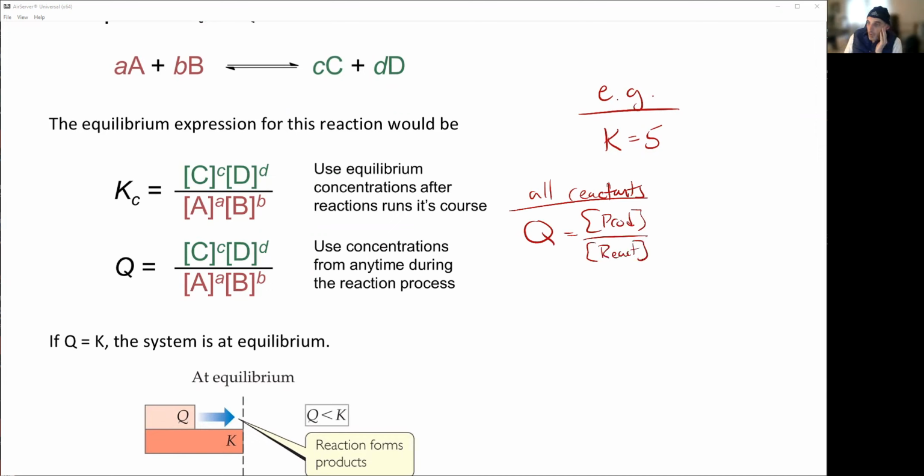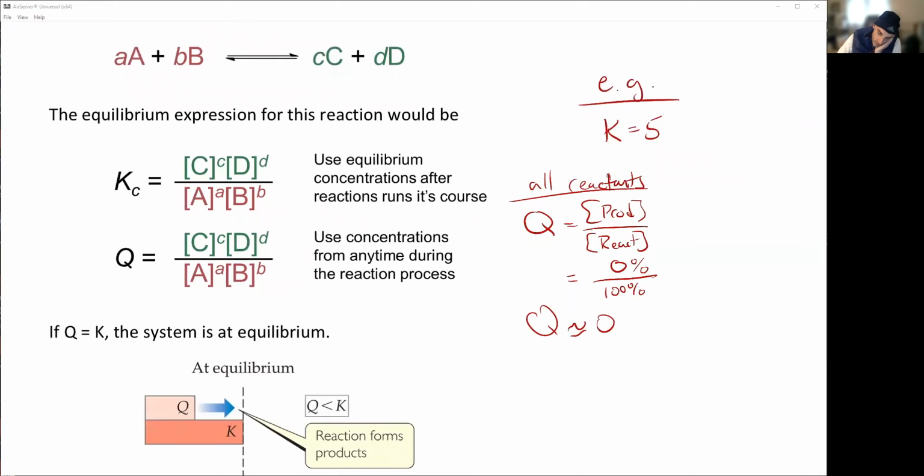If we have all reactants, I have 0 products and 100% reactants, so Q is equal to 0 at that point.